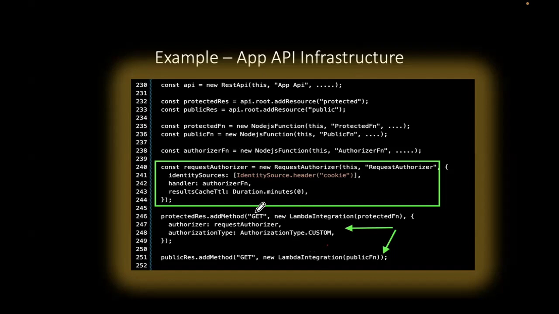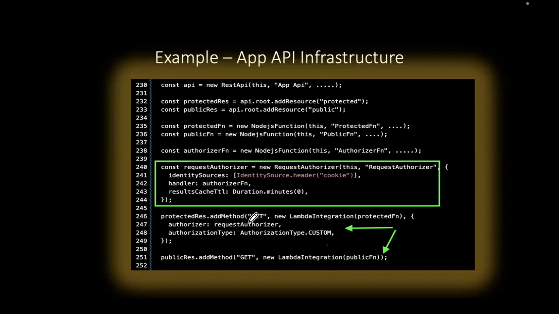So this Lambda integration here, this is where I'm adding a method to my app API. I'm using Lambda integration, which is the only type of integration we've looked at. But in this integration, you can see here I'm including a reference to the request authorizer construct just above it there.